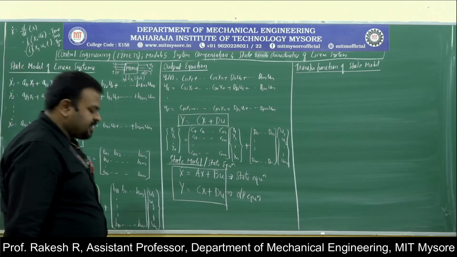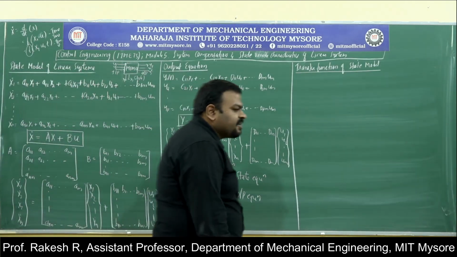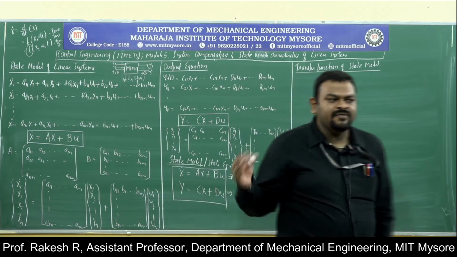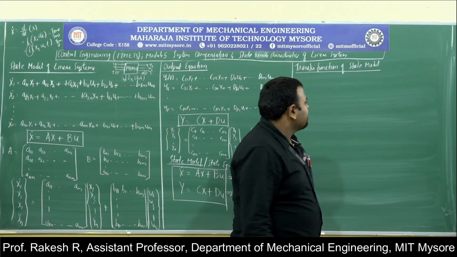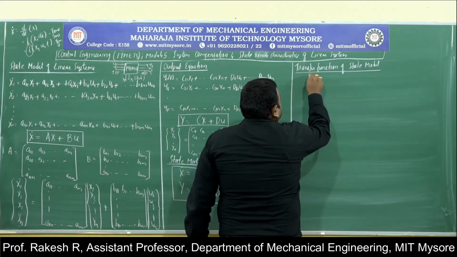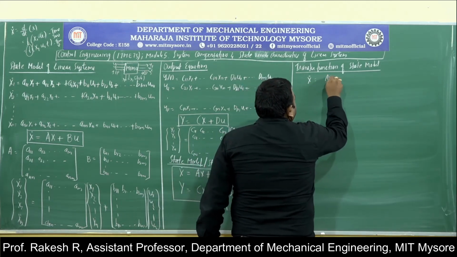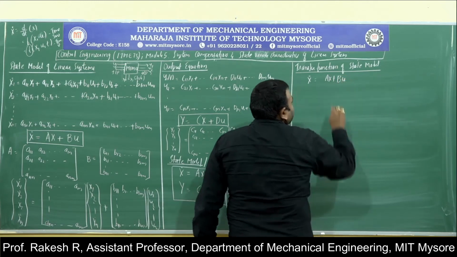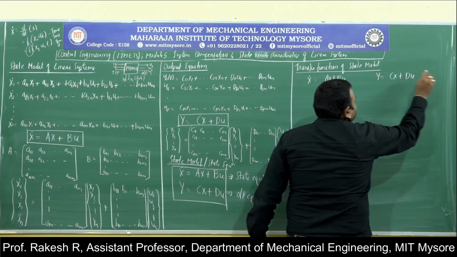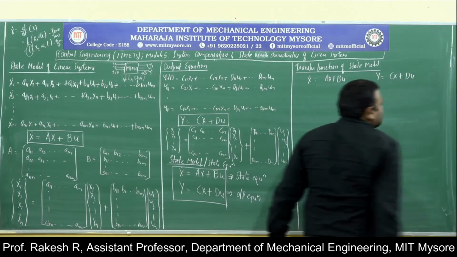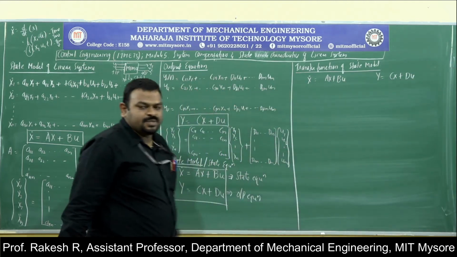Let us derive an expression for the transfer function of a state model. When we solve the problems, you will be knowing these steps. First, what is the state equation? x dot will be equal to Ax plus Bu, and another one is y is equal to Cx plus Du. These two are the state equations.